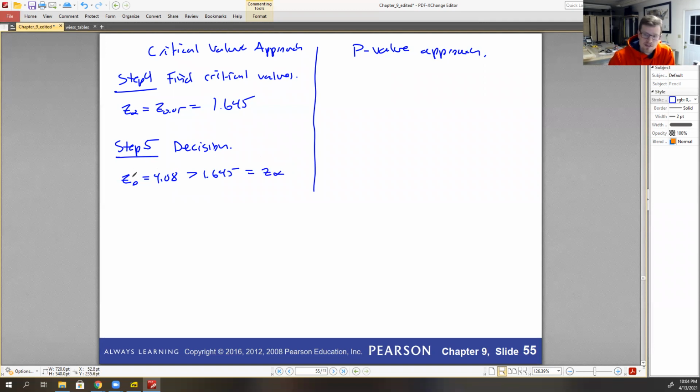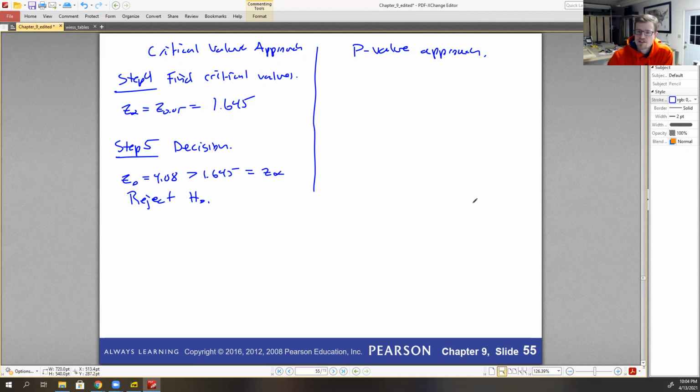And when Z sub naught is greater than Z sub alpha, we want to reject the null hypothesis, right? This is for our right-tailed test. Our Z value is higher than the critical value. So we did find something that's high enough, enough larger than the proposed mean, to decide that the mean is probably actually larger, okay?